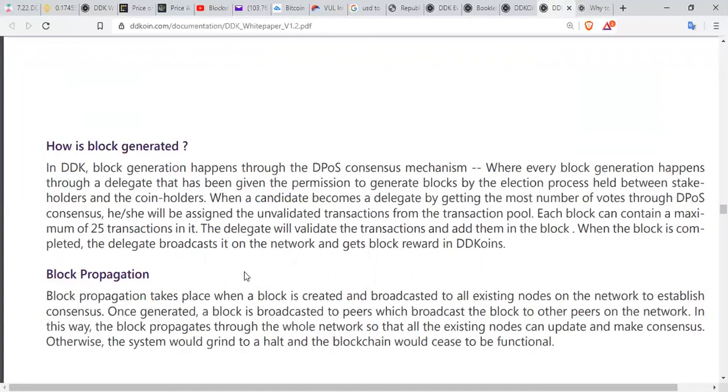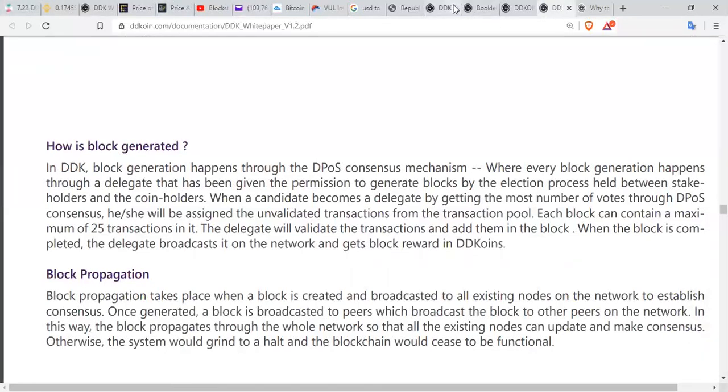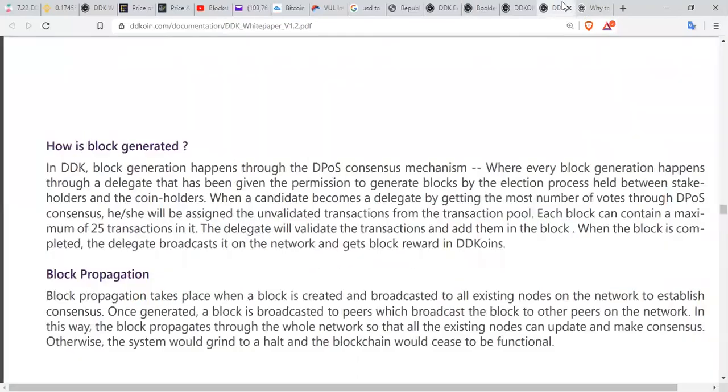And later on, we will find out na currently hindi talaga nami-meet nung mga user yung maximum capacity of the DDK blockchain because we were not able to generate 6 blocks every minute. So later on, malalaman natin what is the current rate of block generation during this time.